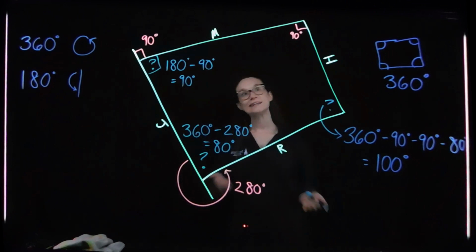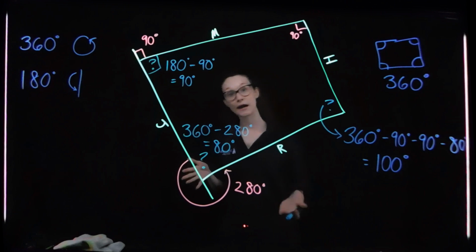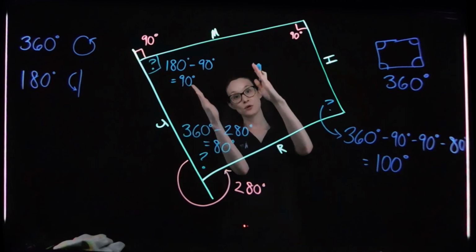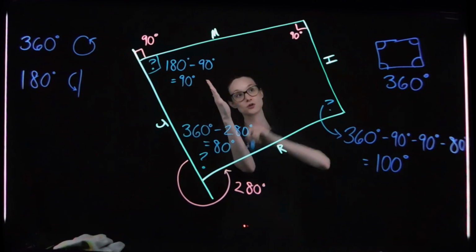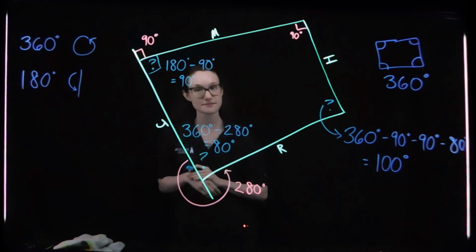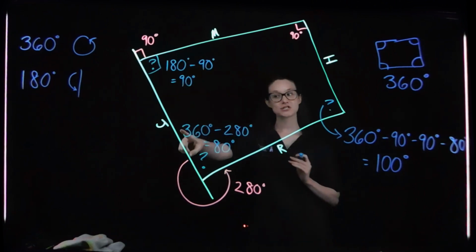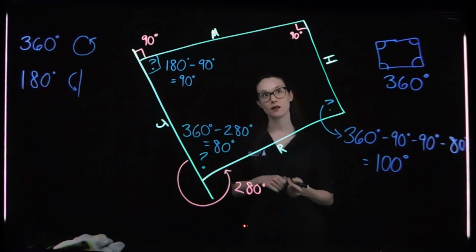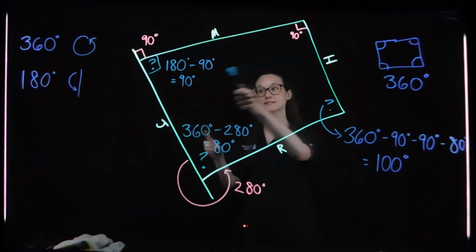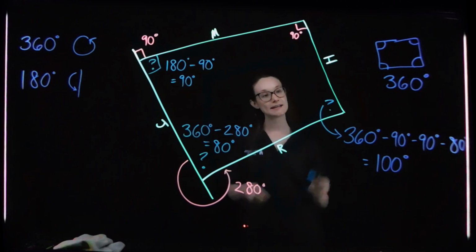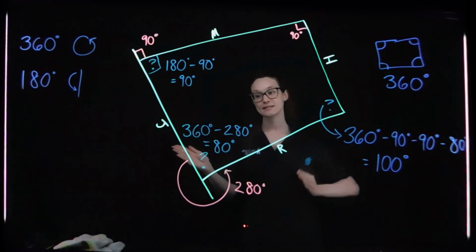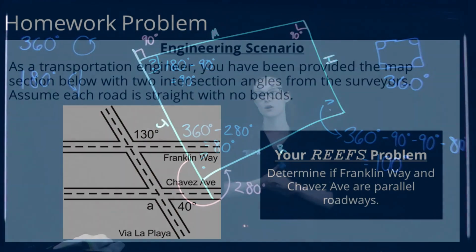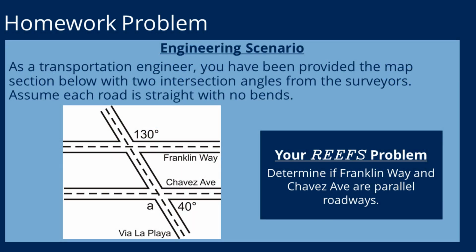We could also identify if streets are parallel, meaning that they would have constant angles on both sides of them. So in this case, Jones, Haygood, not quite parallel, because we've got 90s up at the top, but we've got 80 and 100 down on the bottom. So there is some variation. All right, good luck on your homework problem.